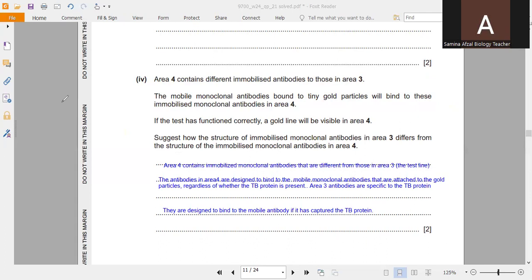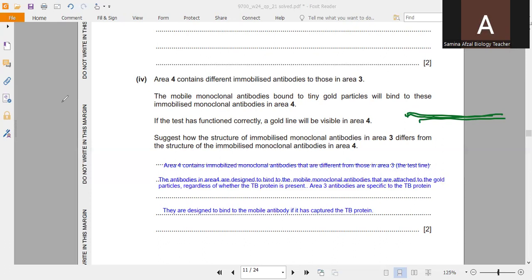If the test has functioned correctly, a gold line will be visible in area 4, because the gold particles are attached to the monoclonal antibodies. Suggest how the structure of immobilized monoclonal antibodies in area 3 differs from the structure of the immobilized monoclonal antibodies in area 4.